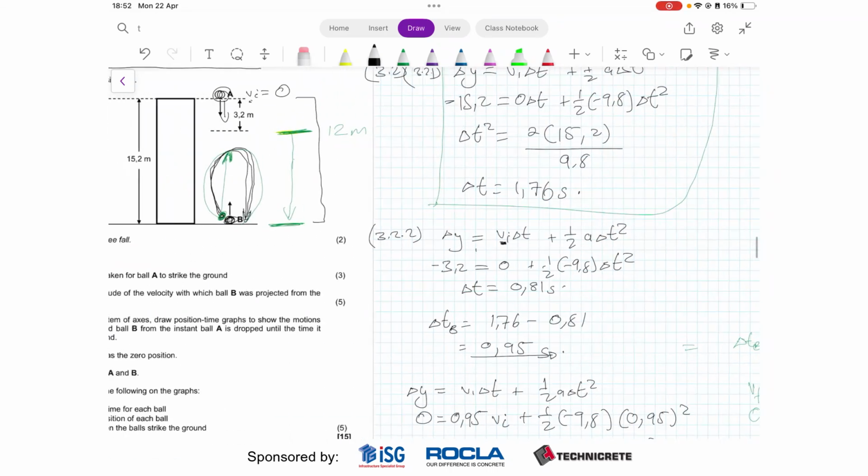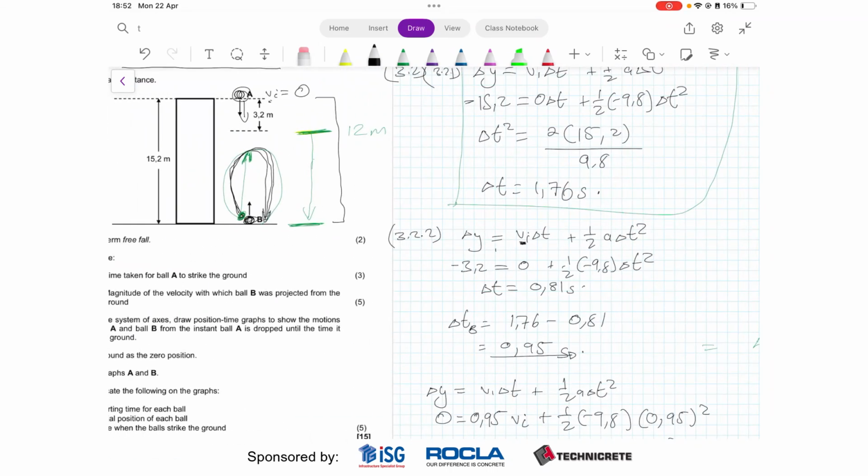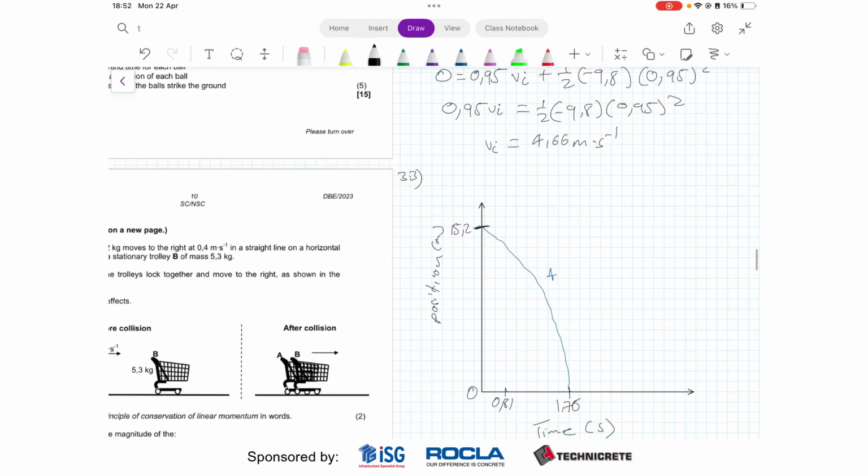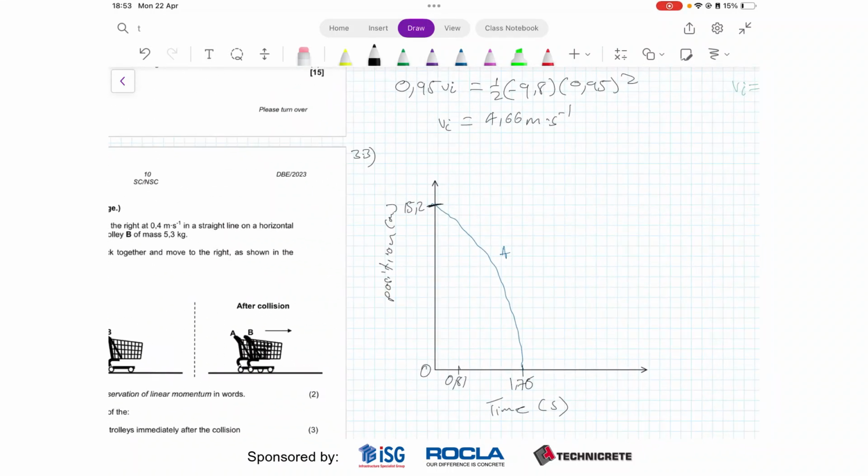Remember, because 0.81 seconds is the amount of time it takes for ball A to fall 3.2 meters. Okay, and then it reaches a peak at some position that we don't know, and finally comes back down right there. So that is our position versus time graph, choosing upwards as positive. Of course, if you choose downwards as positive, the graph would just flip about the x-axis, and that would be the end of that.